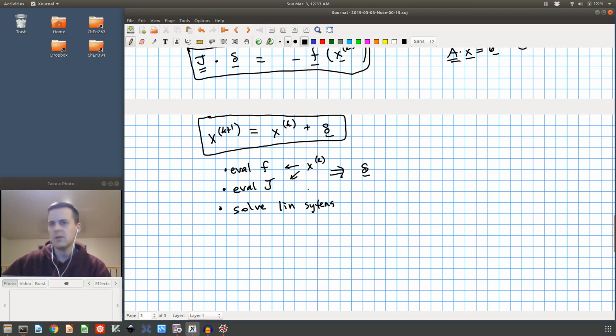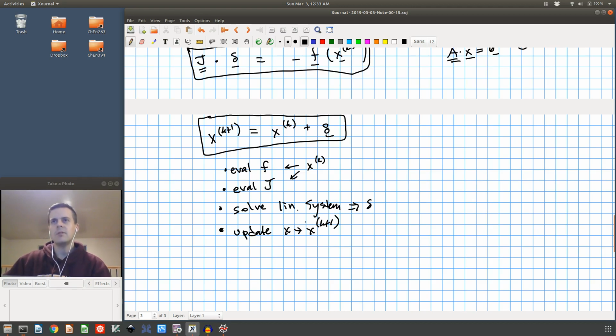Oops, what was I writing there? Linear system. That's going to give me delta. Then I'm going to write one more line: use that to update x to x of k plus 1.